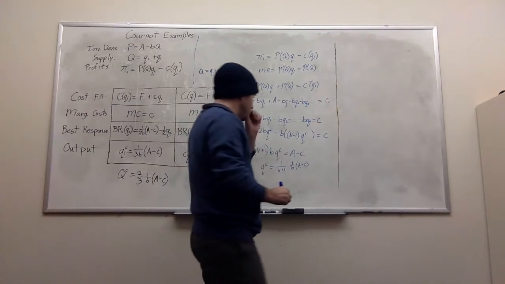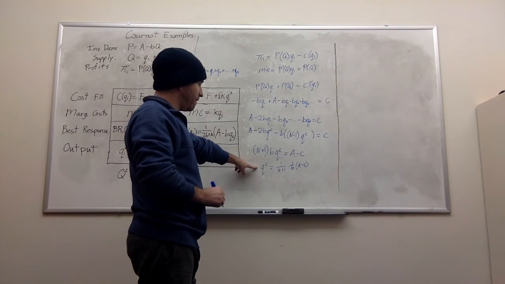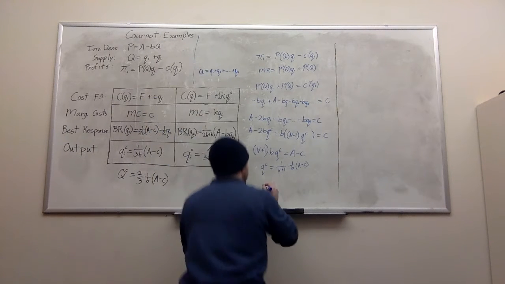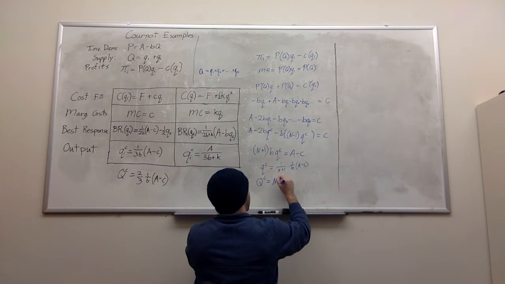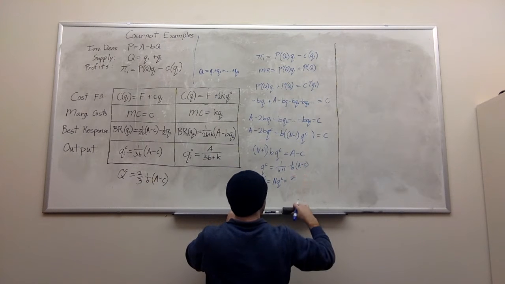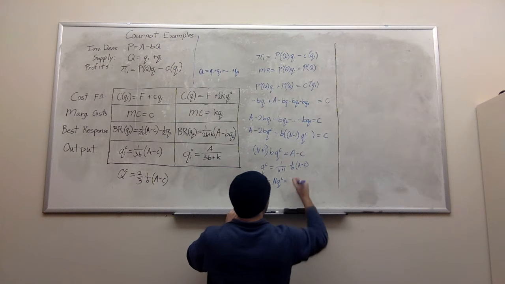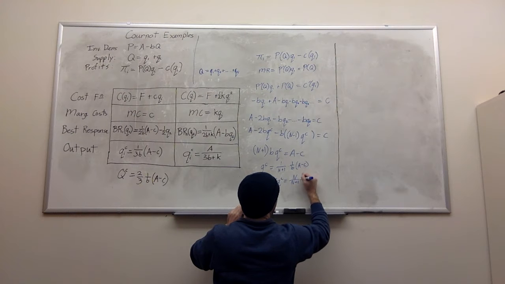At the same time, we'll note that if we have n firms producing QC, then big QC is equal to n times little QC, which is n over n plus 1 times 1 over b times A minus C.